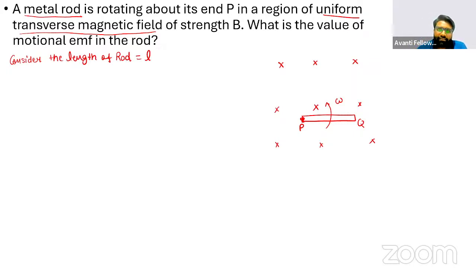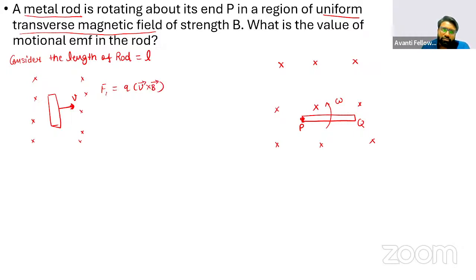This motional EMF will come into the picture. We know that whenever there is a magnetic field, and a conductor is moving inside it with a certain velocity, the electrons of that conductor experience a force, which is nothing but the Lorentz magnetic force, q into v vector cross B vector.